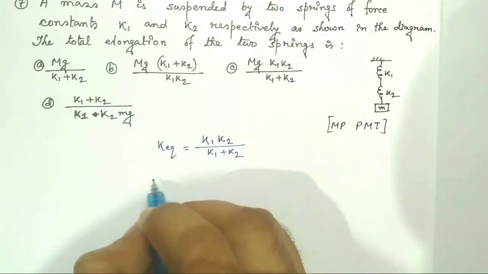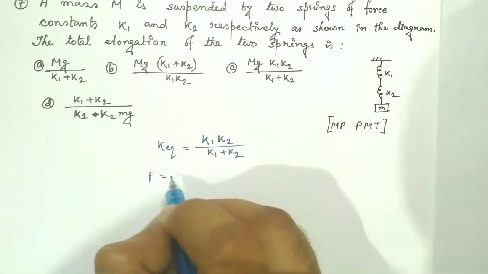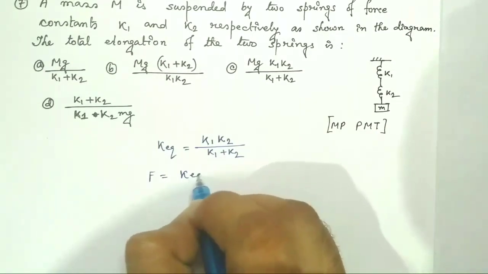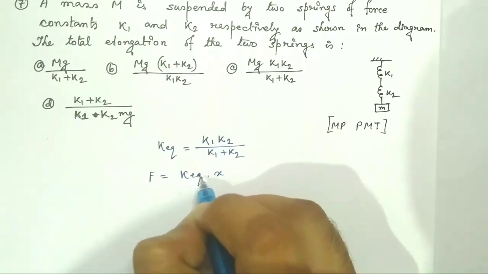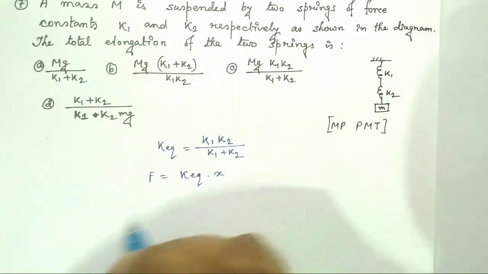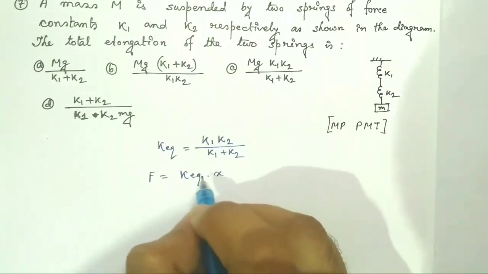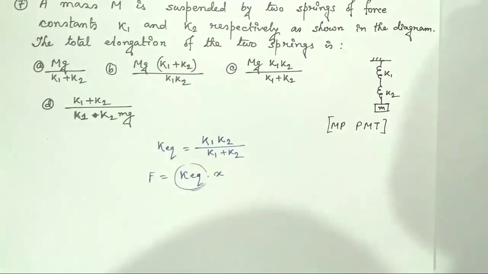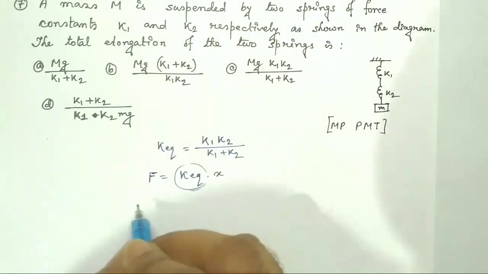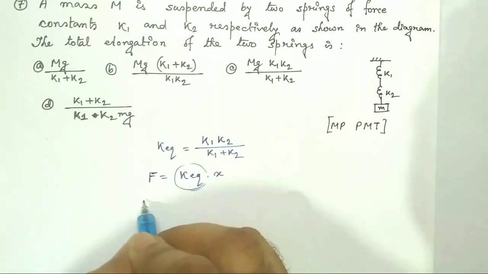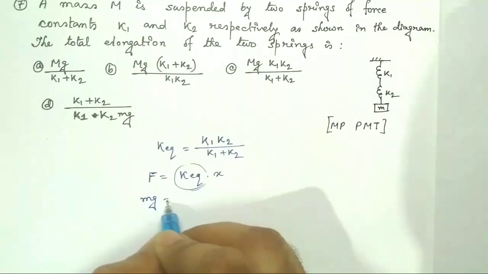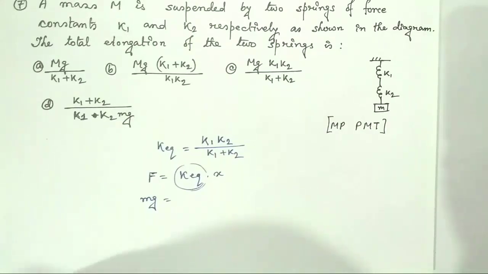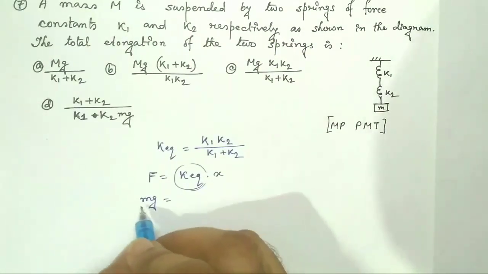Now, the force F is given by F equal to K into X or K equivalent into X, where X is the amount of elongation and K equivalent is the equivalent force constant of the spring system. Here, F is the weight downward, which is given by mg or capital Mg.